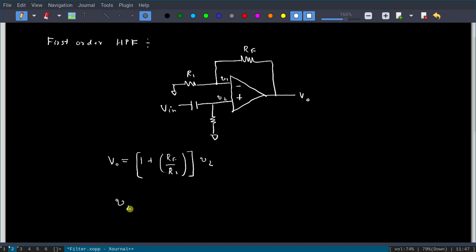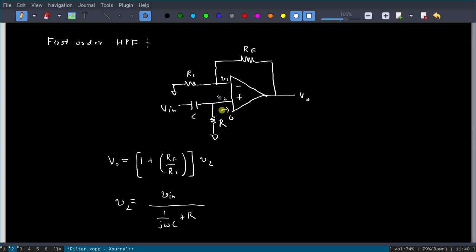So V2, if you apply the voltage divider rule, V2 is the voltage at this point, across R and C. The voltage at V2 is nothing but the voltage across R. So that is nothing but we can write the total voltage V in divided by the total impedance, times R. The impedance offered by the capacitance is 1 by j omega C, plus R. We know that current inside the op amp terminal will be 0.